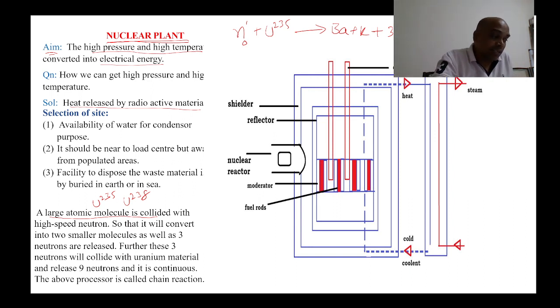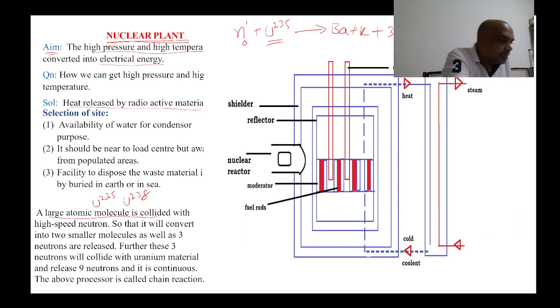So what is the process? When the atomic molecule is bombarded with a high velocity neutron, it dislodges into two smaller particles along with 3 more neutrons being released, and some amount of heat energy is also released.